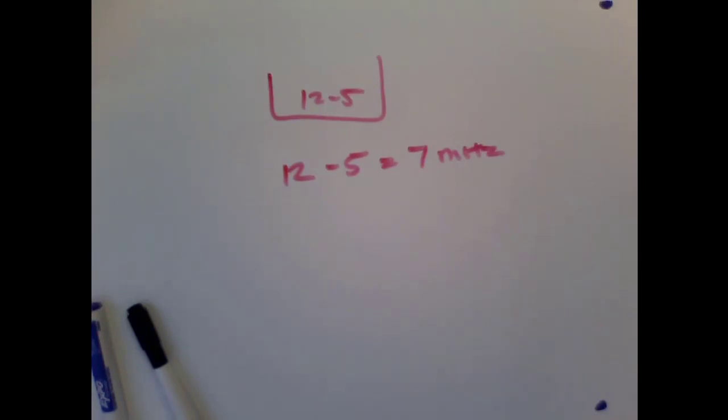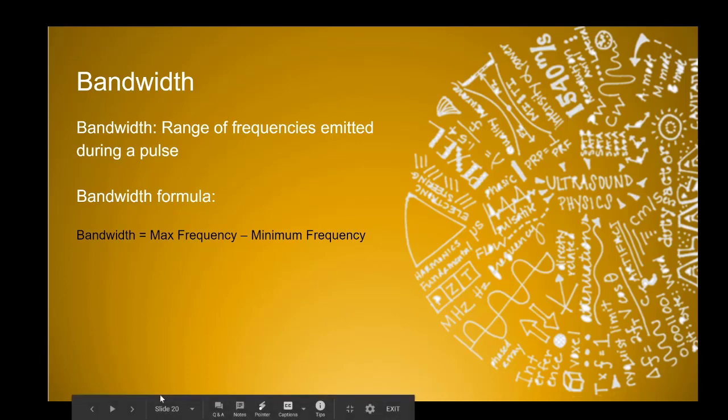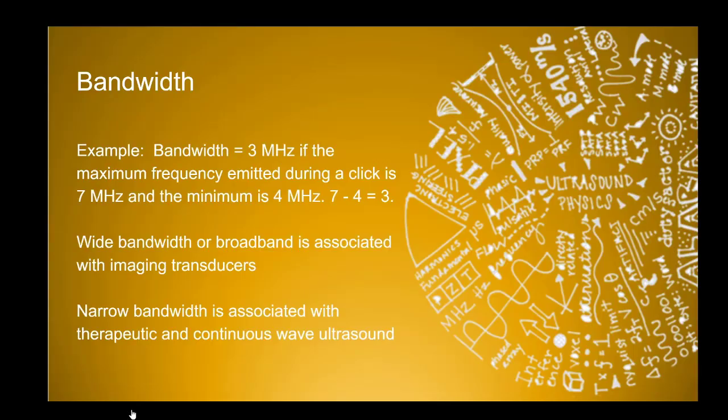Simple enough. So just another example, if our maximum frequency is 7 megahertz and our minimum frequency is 4 megahertz, then 7 minus 4 equals 3 megahertz of bandwidth. Wider bandwidths are going to be associated with our imaging transducers. Narrow bandwidth is usually, again, with therapeutic or continuous wave transducers.